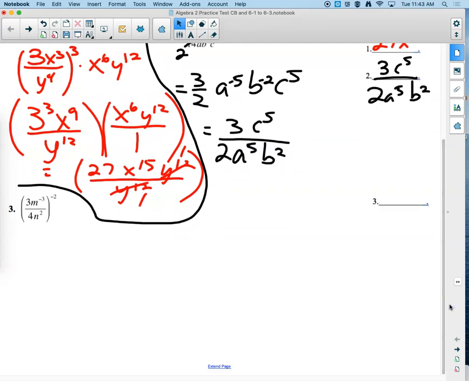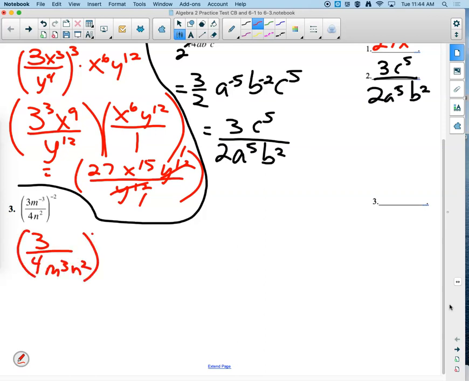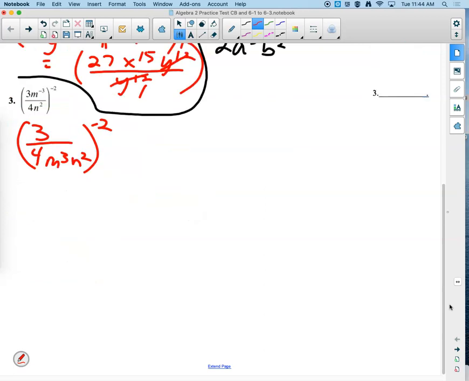Take a look at number 3. Inside the parentheses first, what should we do? Yep, let's move it. So that was one little bit of flipping we had to do. Are we done flipping? Nope. Now the whole thing has to be flipped.